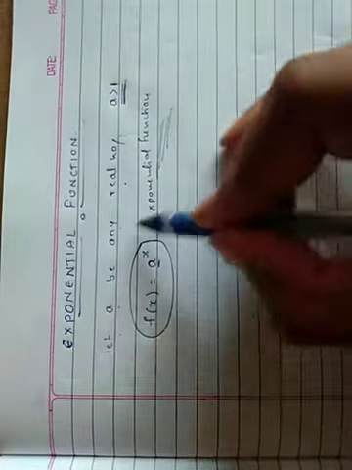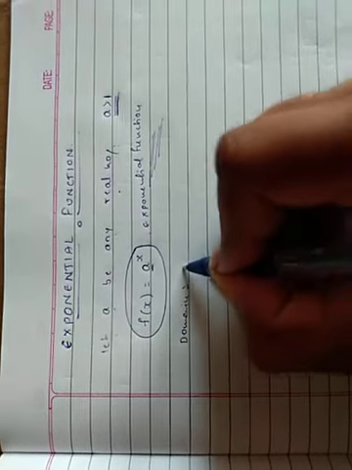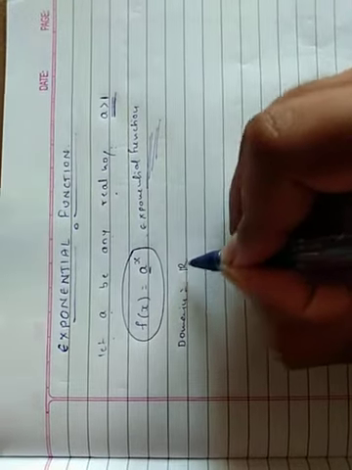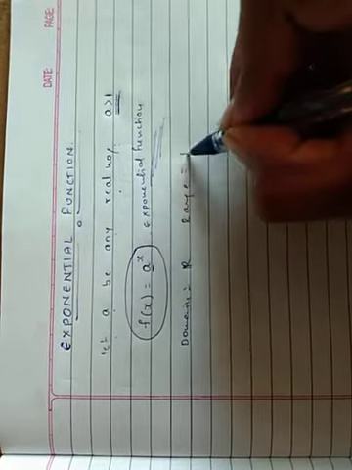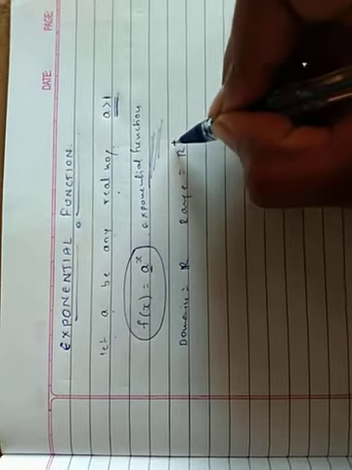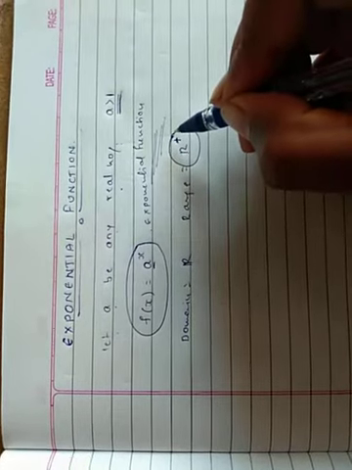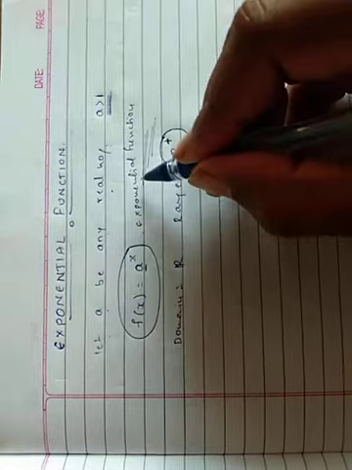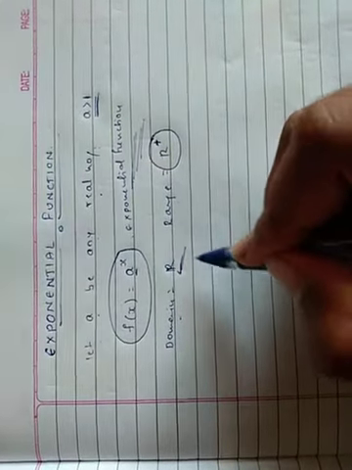For these functions the domain is R and the range is R plus. Only positive real numbers form the range of the exponential function, and the domain is any real number R.